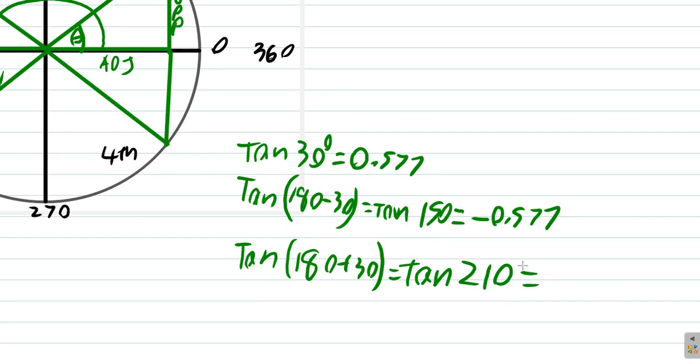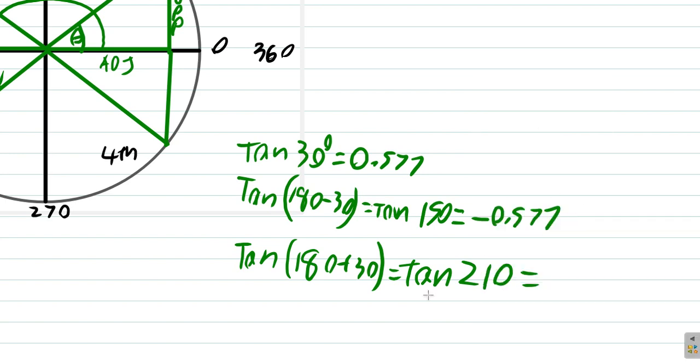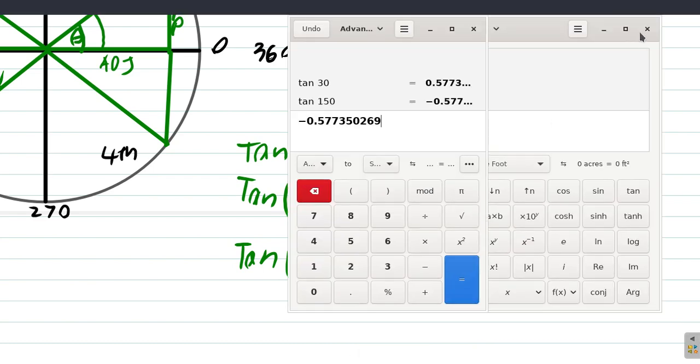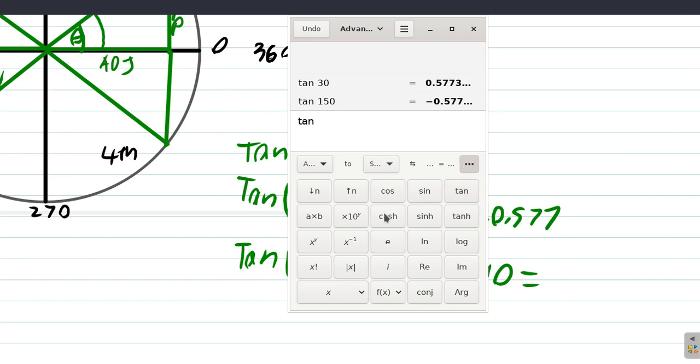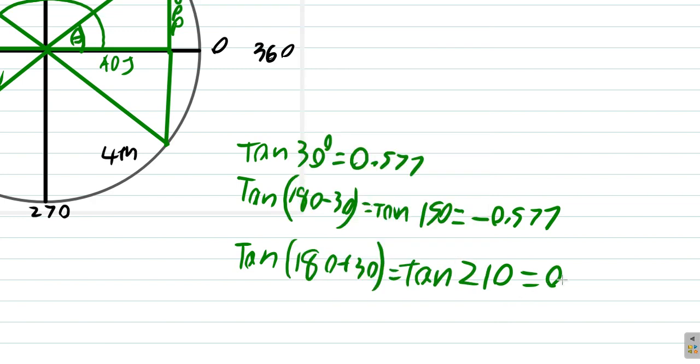I expect it to be positive 0.577. So let's check it out. All right. So the tangent of 210 equals positive 0.577 as expected, 0.577. All right.